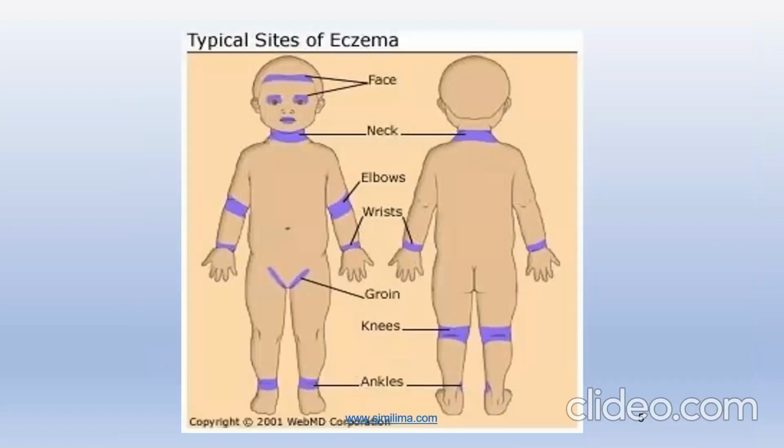Then these are the typical sites of eczema: the face, especially hairlines, eyelids, and lips, then neck, front and back, then elbows, wrist, groin region, knee folds, and ankles.